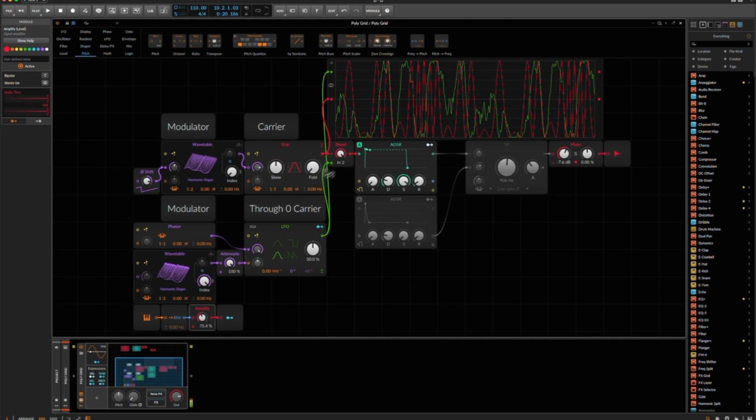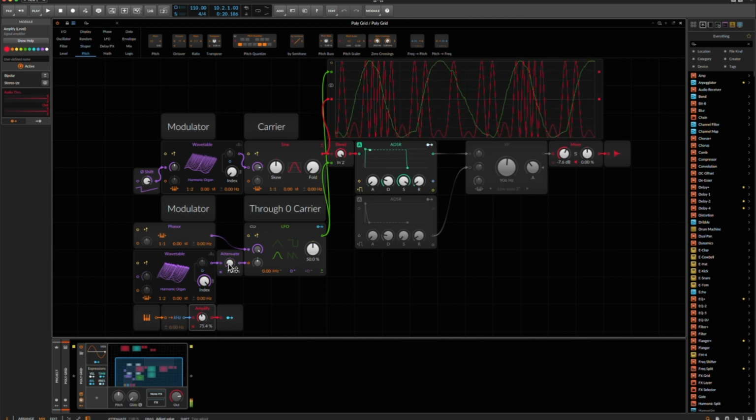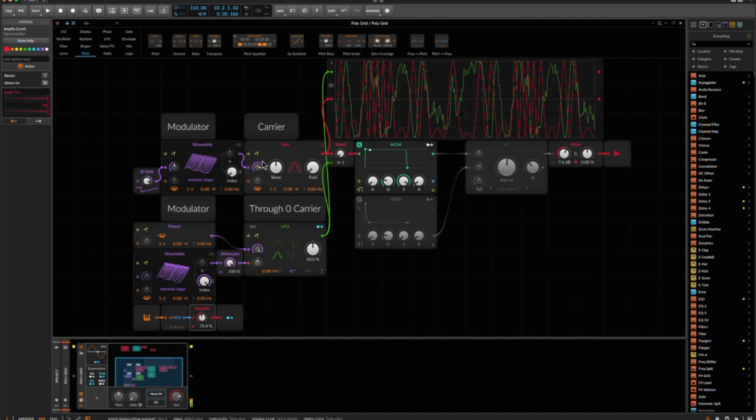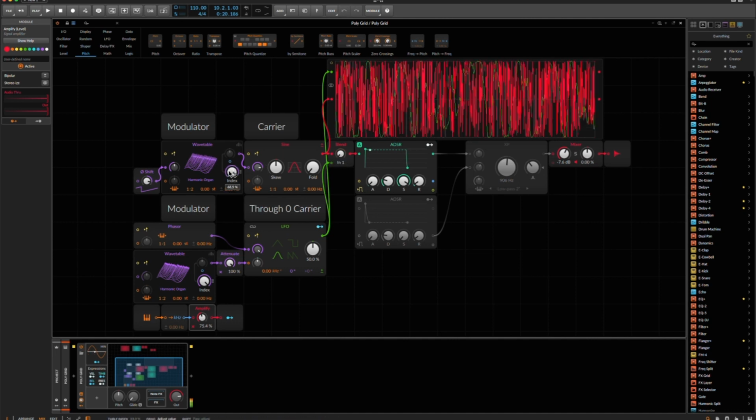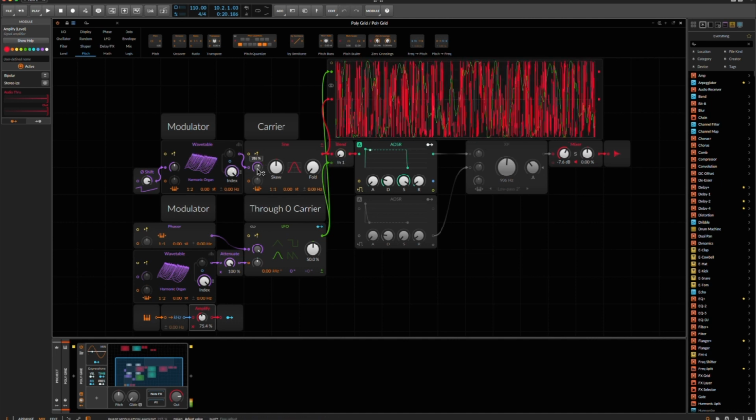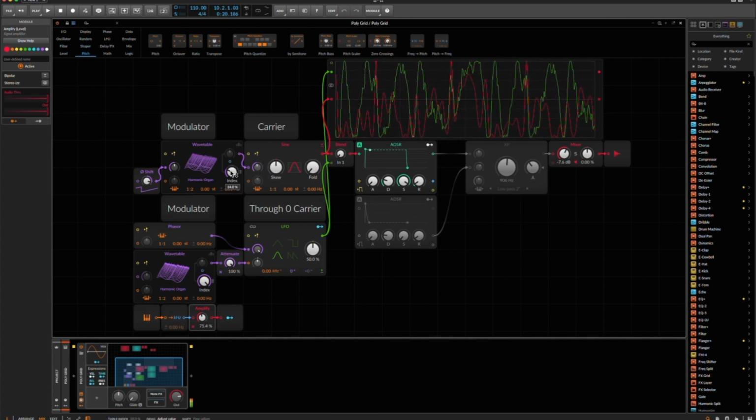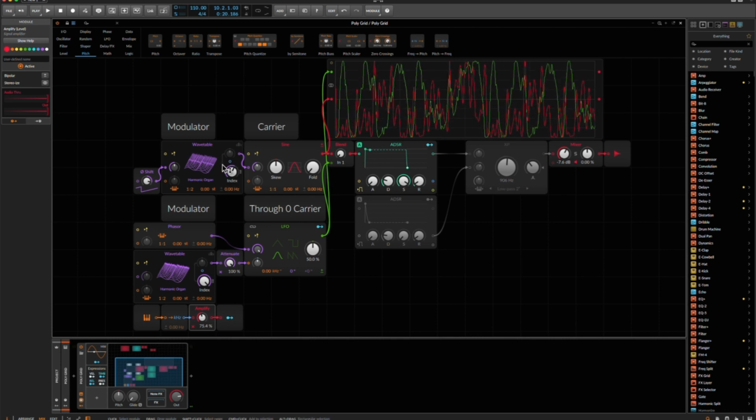Go back. Yeah, I think here the differences are very, very prominent.